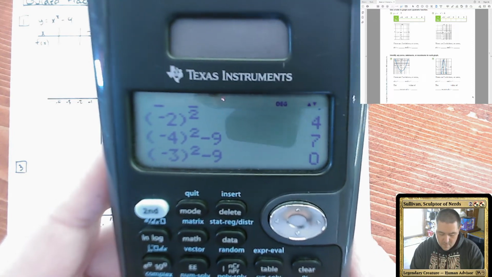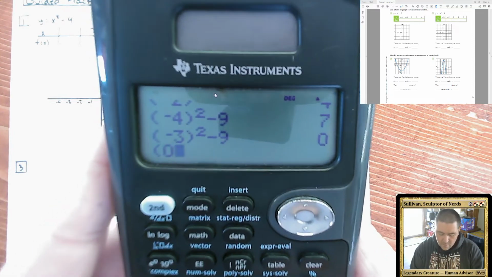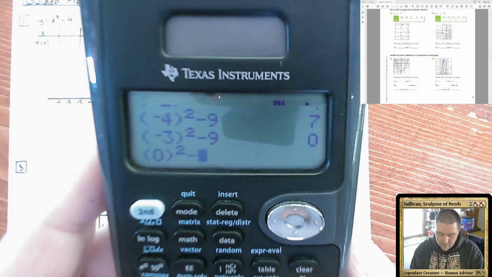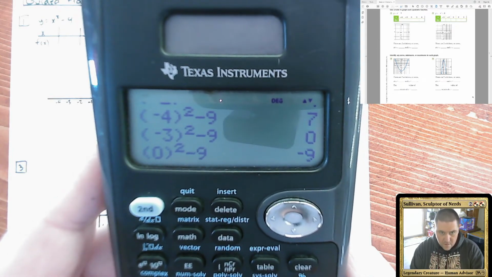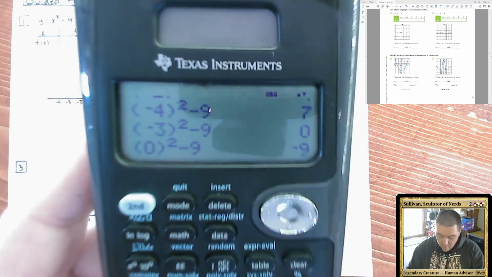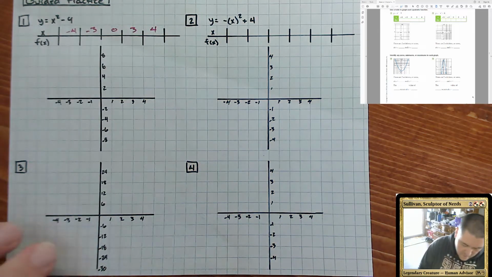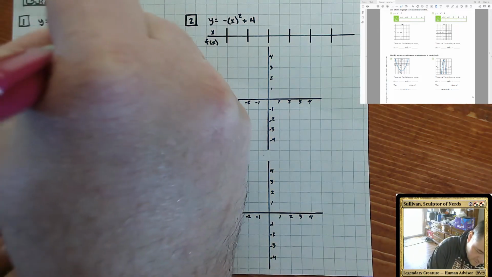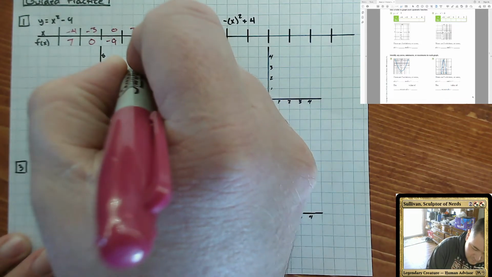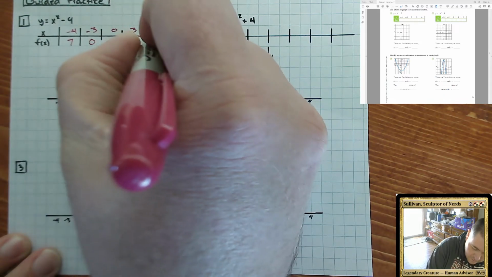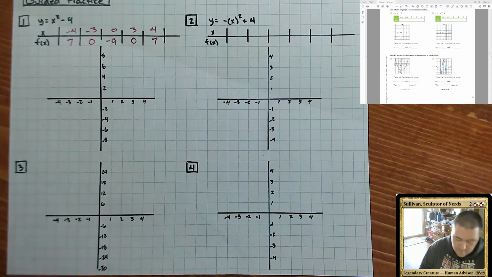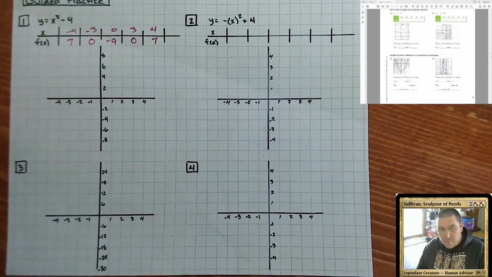Okay, parenthesis, 0 parentheses squared minus 9. Let the calculator do the heavy lifting for you. And we get 7, 0, -9, 0, 7. Okay, it's going to be symmetric.